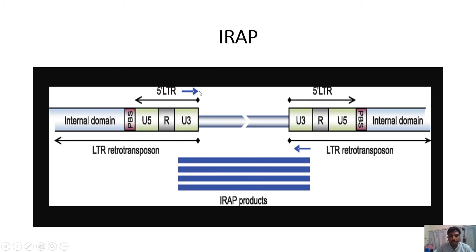You can see this is a primer. This primer should be against the LTR of one of the retrotransposons. This is the LTR of one retrotransposon, and this is another retrotransposon. So this is the LTR of one retrotransposon, and this is the LTR of the other.